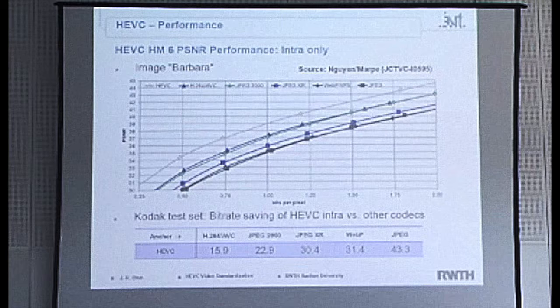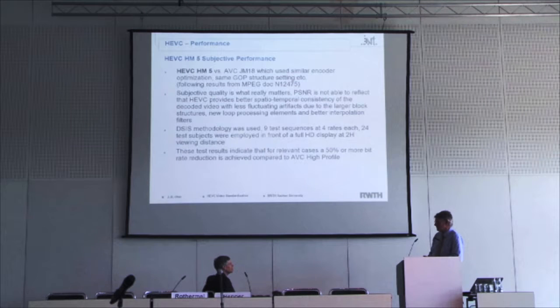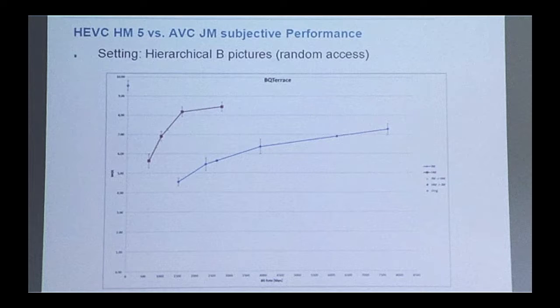But now subjective performance. What we did is subjective tests, some test sequences, non-expert viewers, double stimulus impairment scale methodology, and so here are some examples. We plotted kind of rate distortion graphs, but the distortion is now measured in terms of subjective quality.